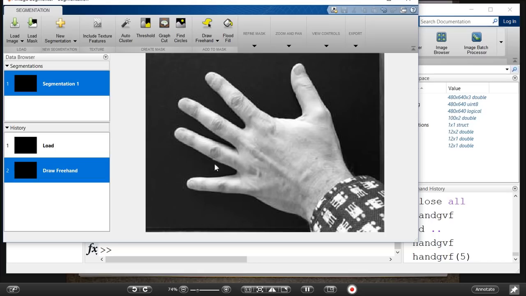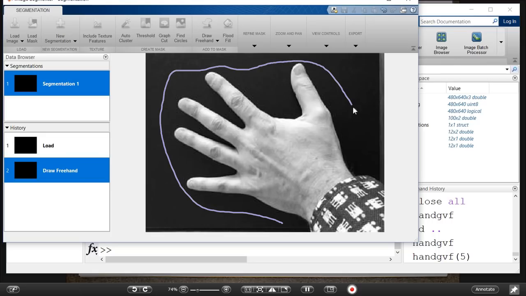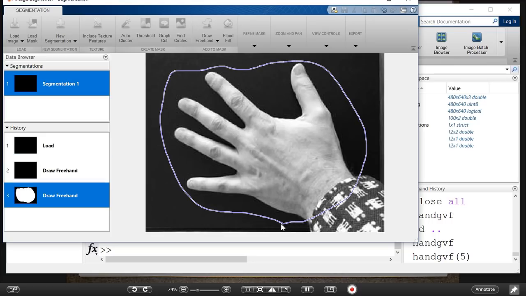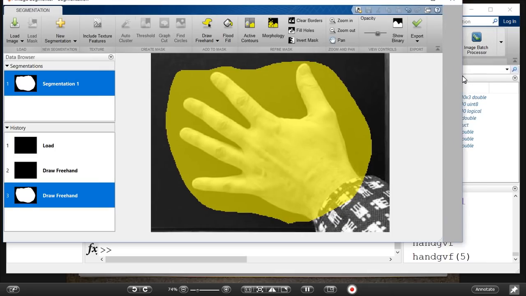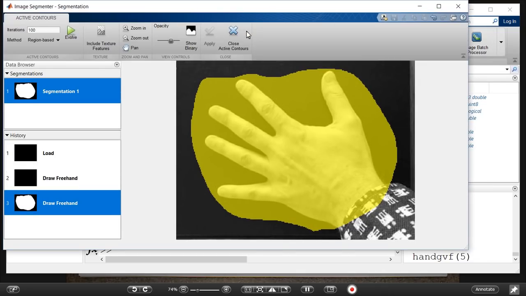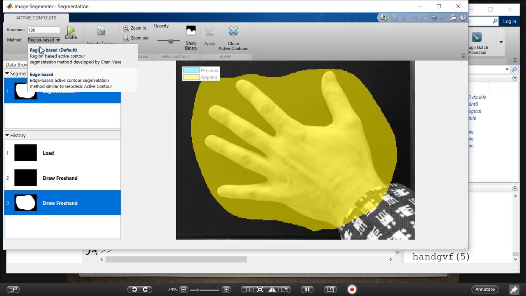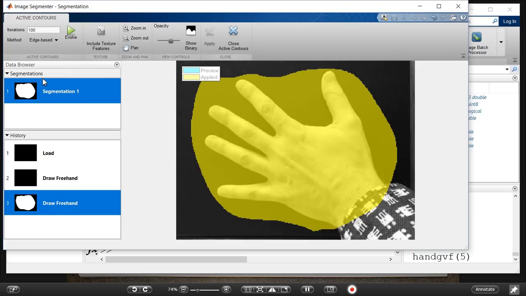I guess in MATLAB I have to hold down the button. Okay. So now I'm going to go into active contours, say edge-based, and evolve this. Nope, this is way too many. Let's see if this works.